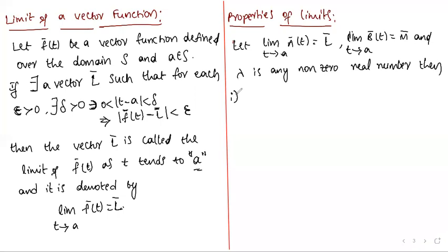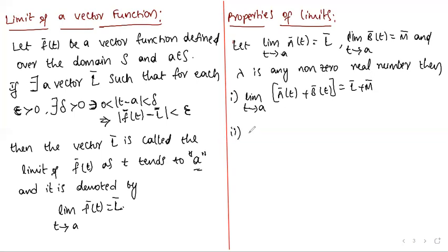Then property 1: limit t tends to a, a bar of t plus b bar of t, that is equal to L bar plus m bar.